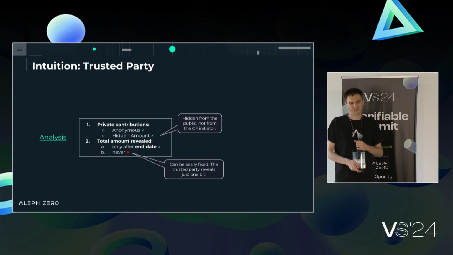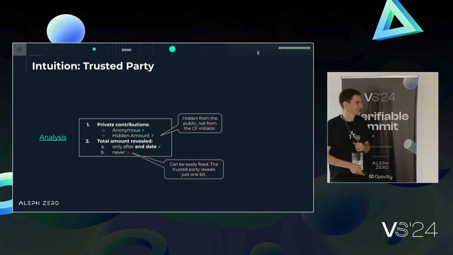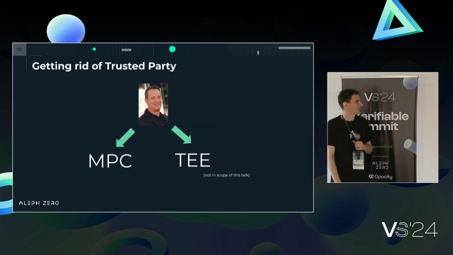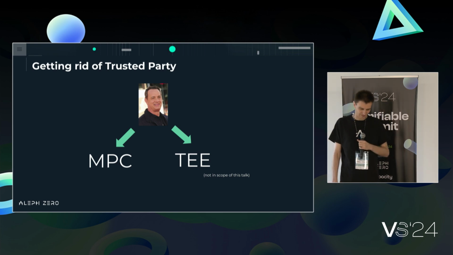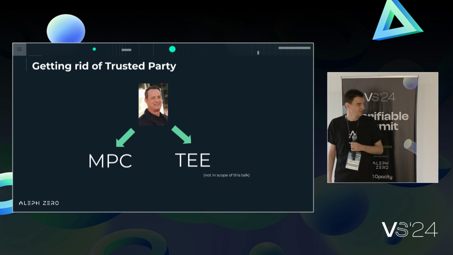Also, we learn the total amount at the very end. Only the last little property is not really satisfied. So yeah, can we do better? The first question we would like to answer is how can we realize this trusted party?